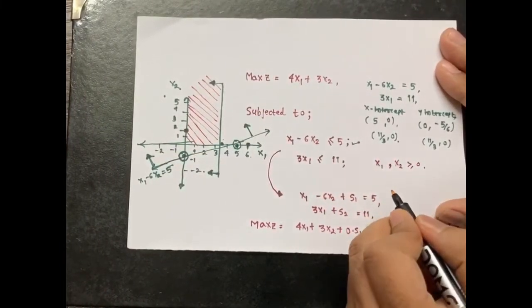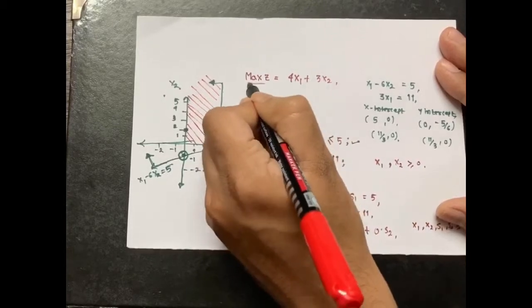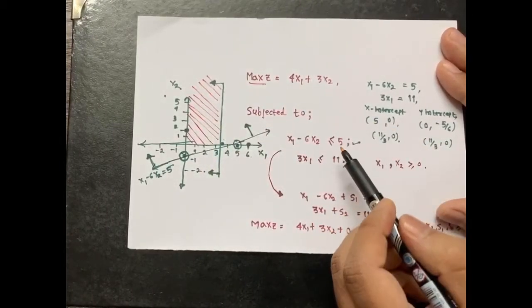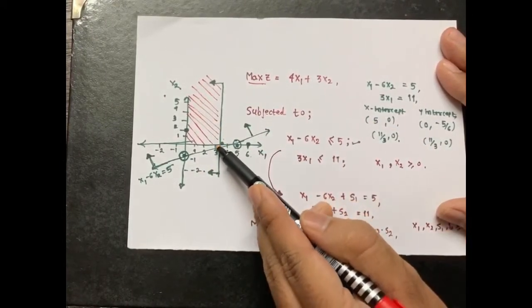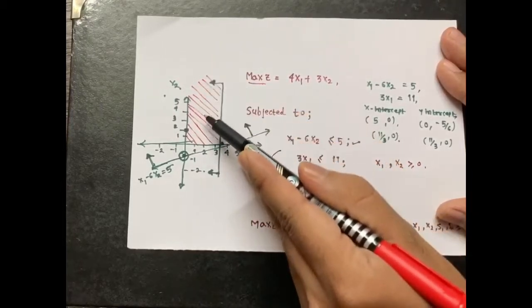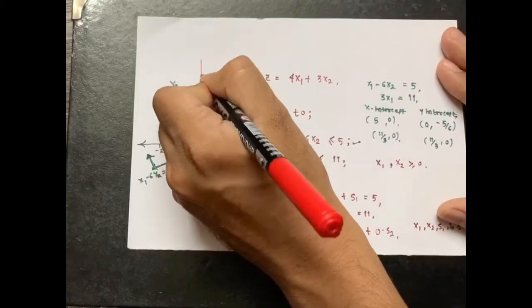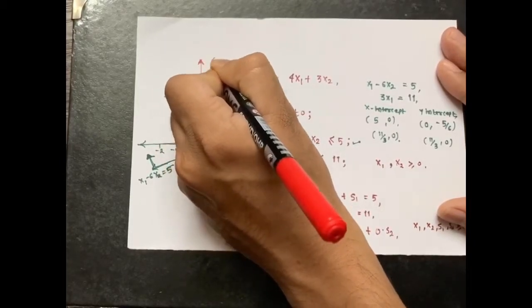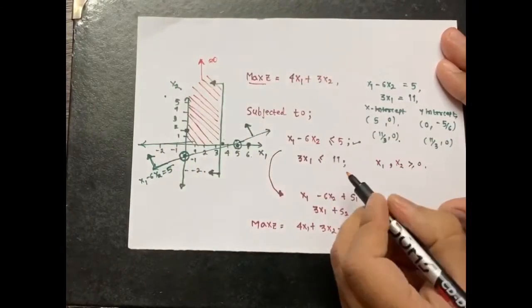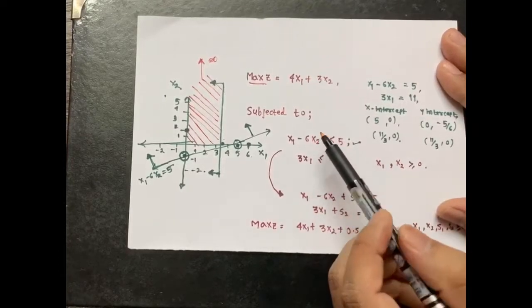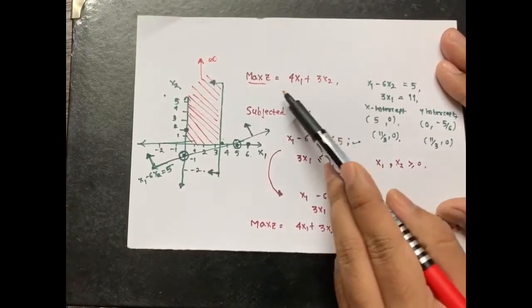Now if I look at my objective function, it is of maximization type, it is max z. So the maximum value that I am getting is moving in an upward direction till infinity.